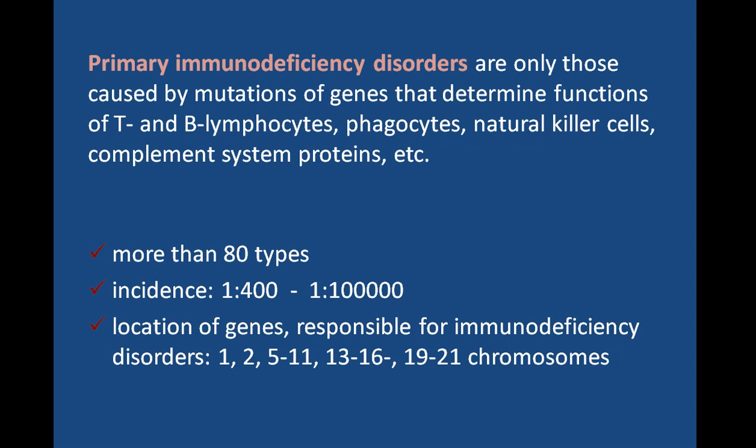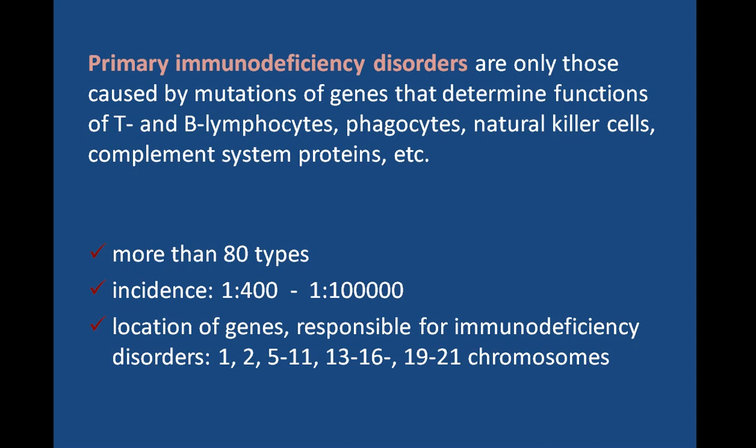Primary immunodeficiency disorders are only those caused by mutations of genes that determine functions of T or B lymphocytes, phagocytes, natural killer cells, complement system proteins, and so on. There are more than 80 types of primary immunodeficiency disorders.